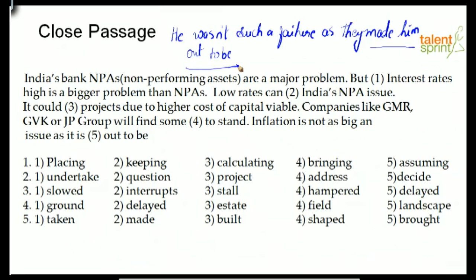So basically what you're saying is, maybe some of them said that this person is a failure, but in reality it's not as such. So I'm just giving you an example sentence. He wasn't such a failure as they made him out to be, right? People said that he was a failure, but he's not. Just to give you an example sentence.